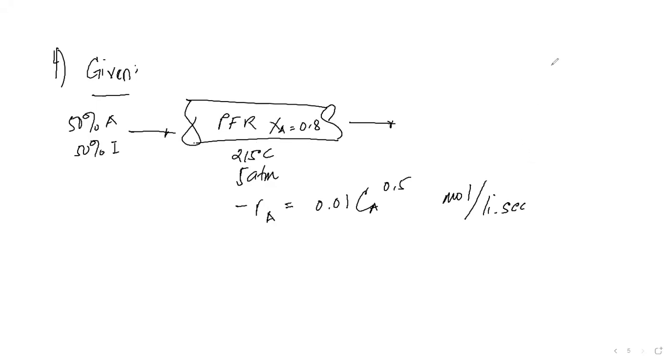And the stoichiometric equation is A forming 3 moles of R. You are required to find the space-time, tau, needed for 80% conversion. So I have already placed here 80% conversion of a 50% A, 50% inert feed.